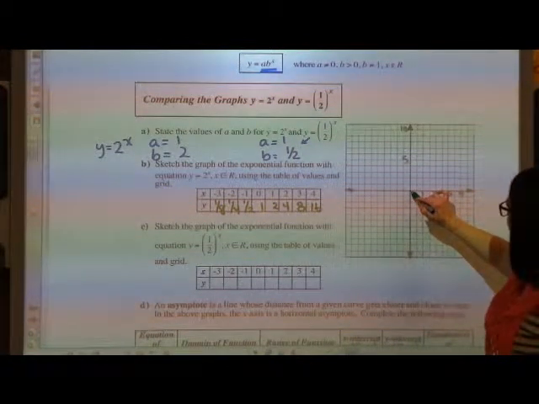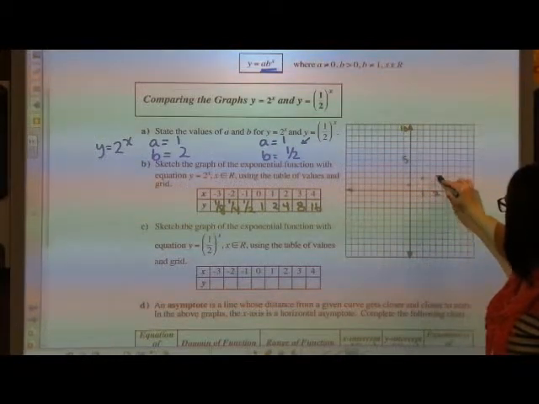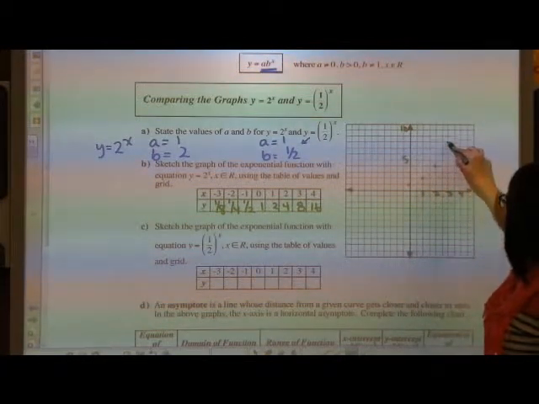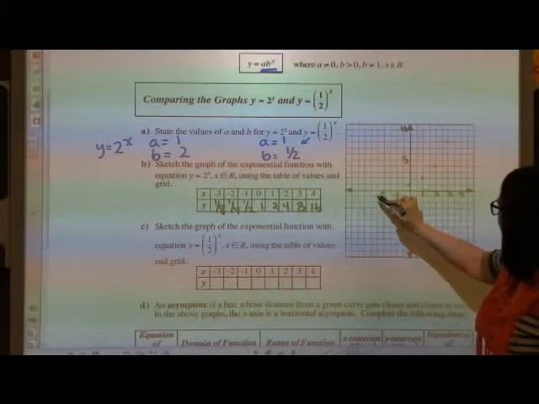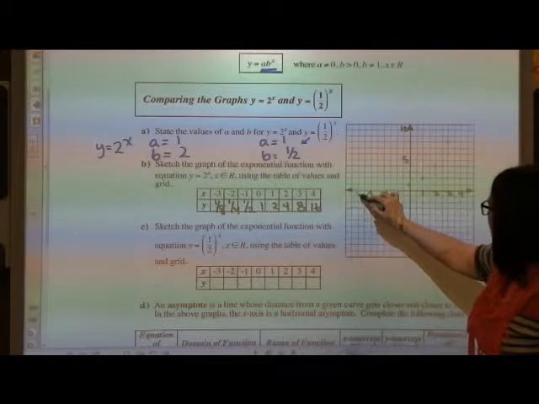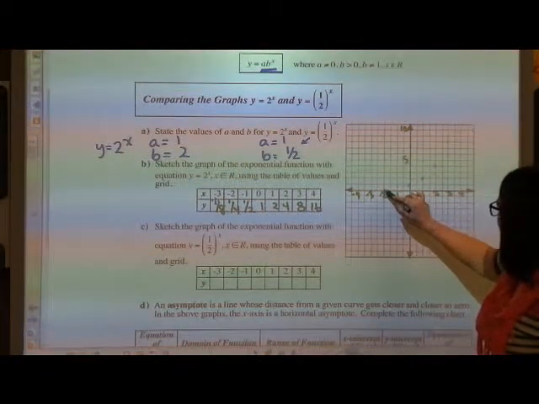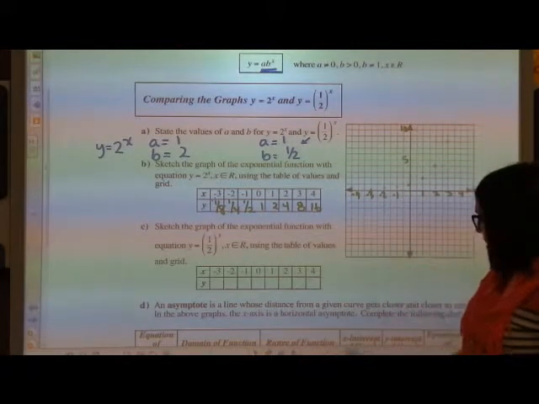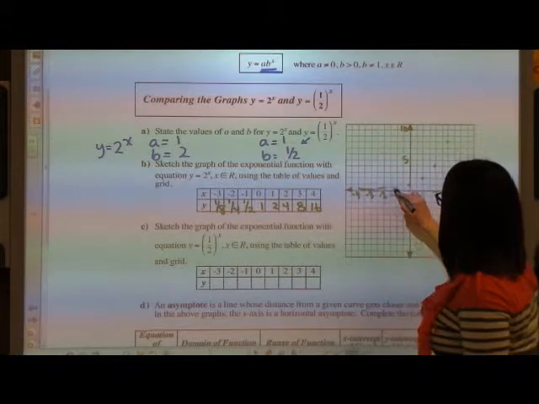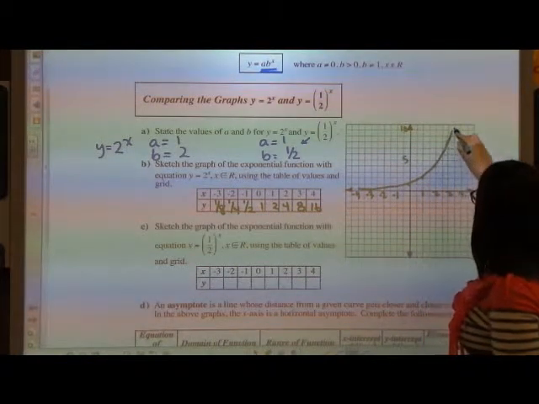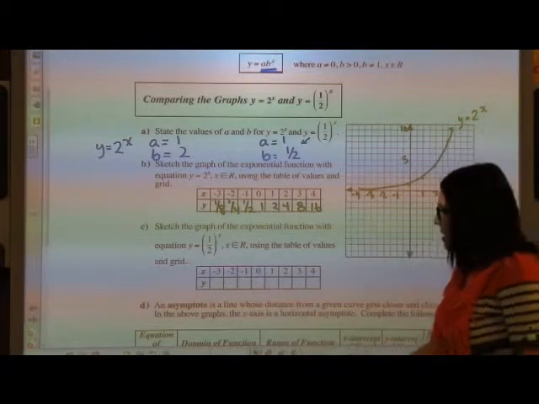So when x is equal to 0, and then I have -1, -2, -3, -4. So I get 1/2, 1/4, 1/8. So my graph looks something like this. And this becomes y equals 2 to the power of x.